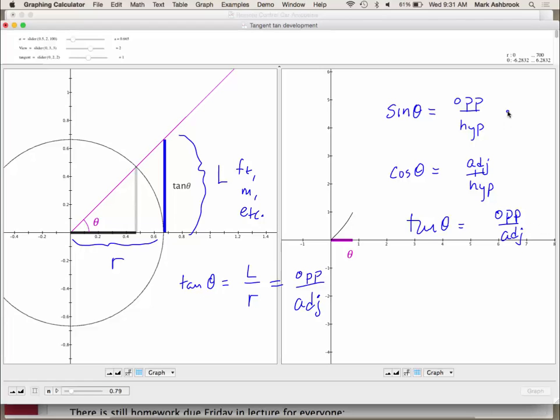But it's not something different than before. Like I showed you, this is still measuring vertical height or horizontal distance as a fraction of the radius. It's just that we're doing it with a triangle in the circle rather than just the coordinates and points.